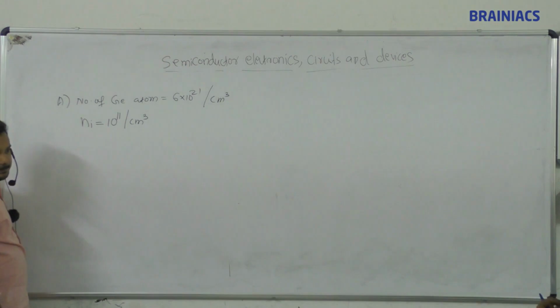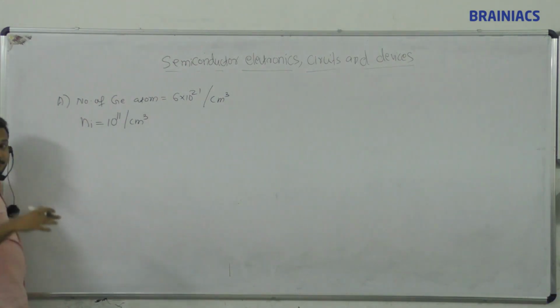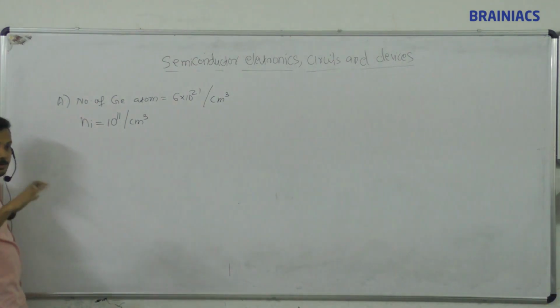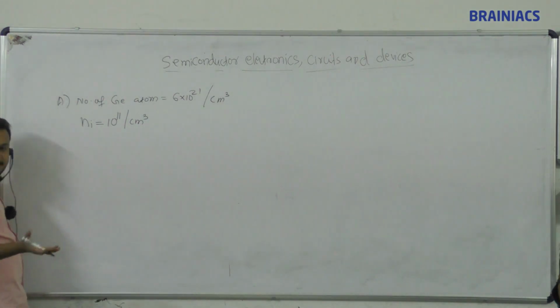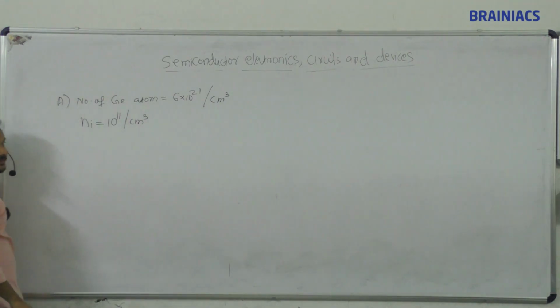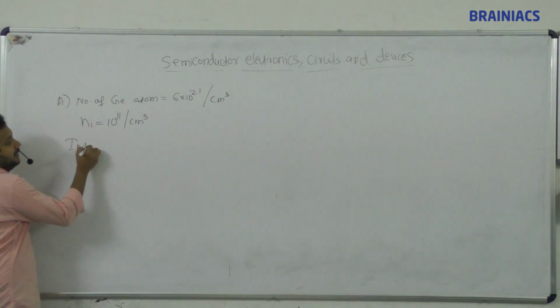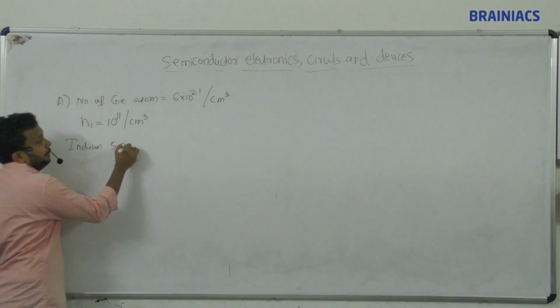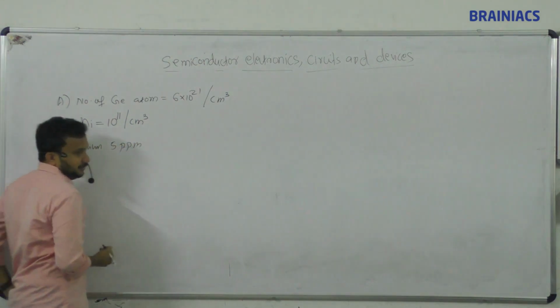Next sentence. If indium is added, now it is going to become extrinsic. If indium is added, how much? 5 ppm, parts per million. What is the meaning of this?